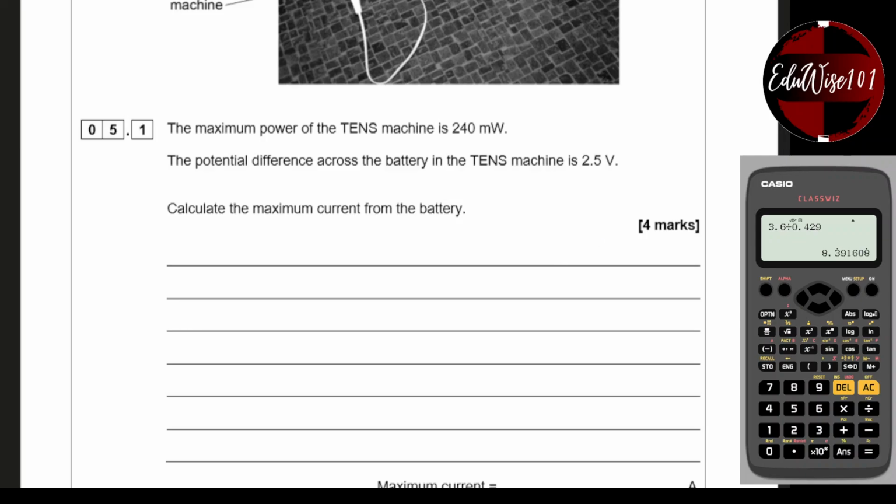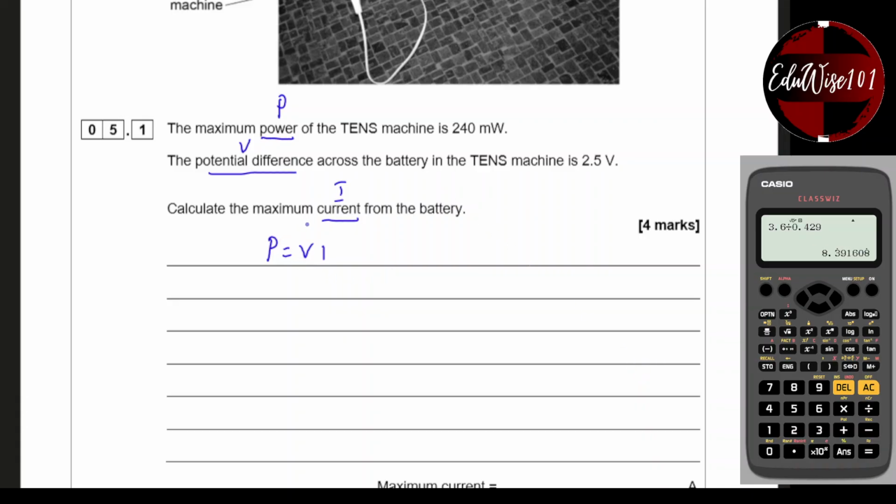So what is the equation that links power, P, to potential difference, V, and to the current, I? The equation that links all three values is P equals VI, from the equation sheet.